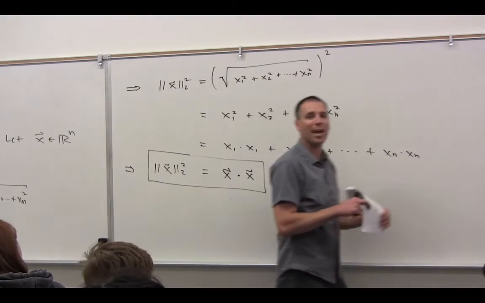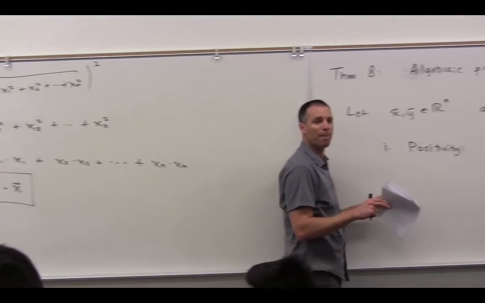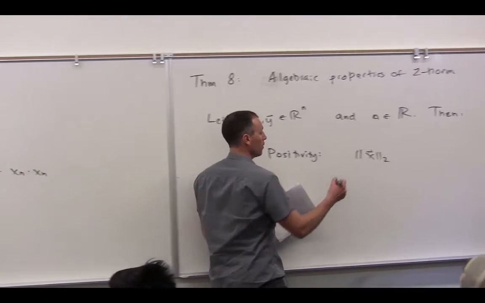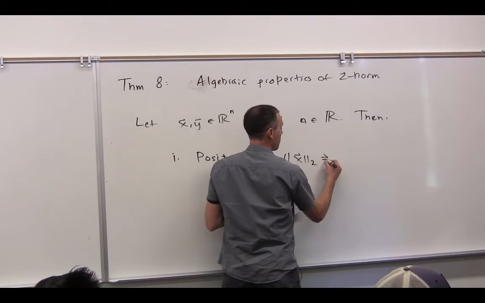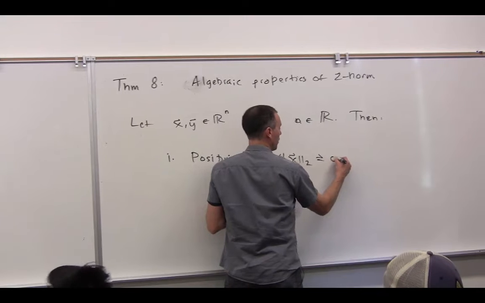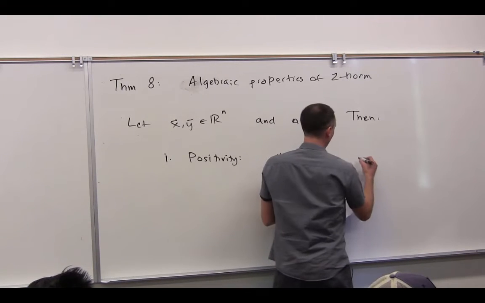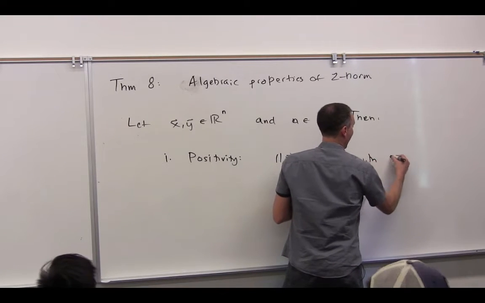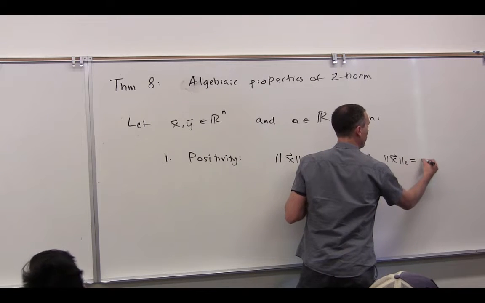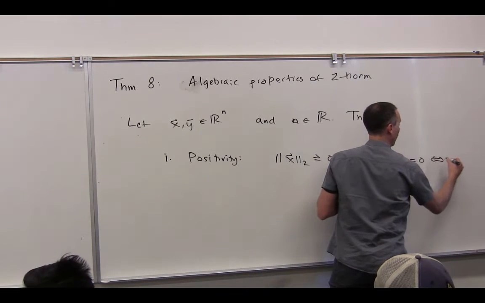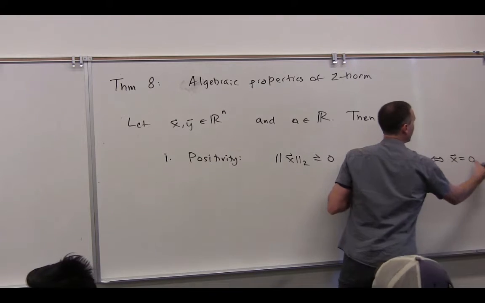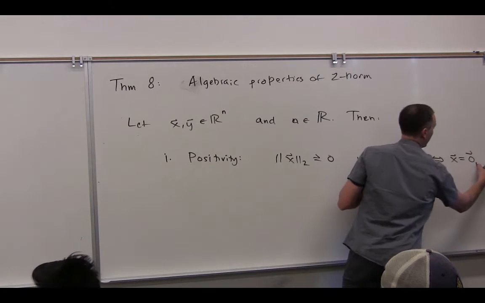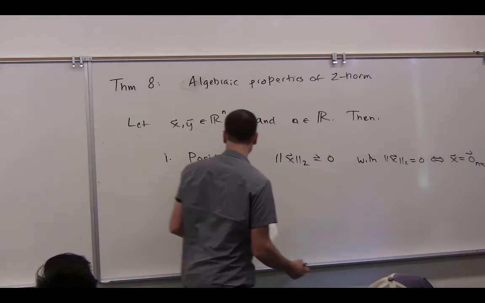What's the smallest that would ever be? 0. So what would you say is the minimum that that would ever achieve? 0, with the 2 norm of x equal to 0 if and only if x is the 0 vector, and it would be the n by 1 0 vector.